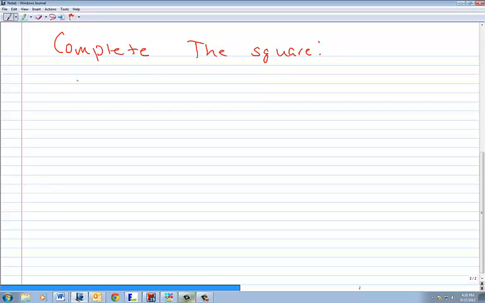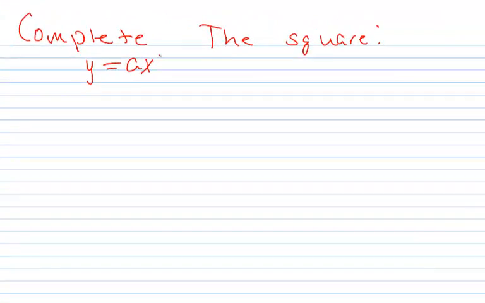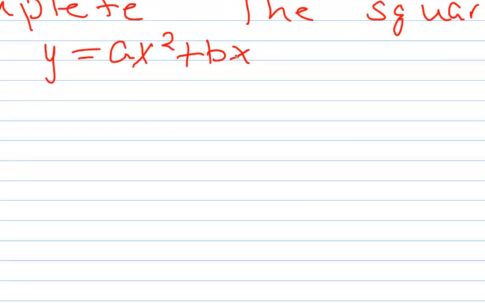We're going to start off with our general form, y equals ax squared plus bx plus c. Remember, to complete the square, the coefficient of x squared needs to be 1.